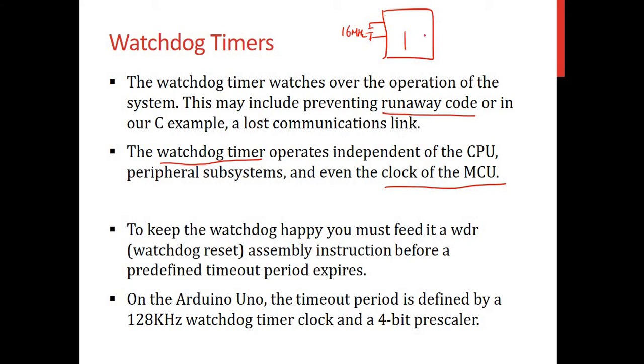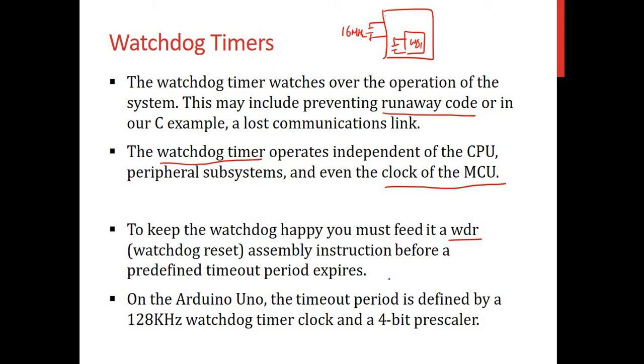So the Watchdog timer itself has its own independent clock source that is separate from the one the Arduino's main microcontroller is using. As long as I feed it a watchdog reset before the periodic timeout, then I'm safe.